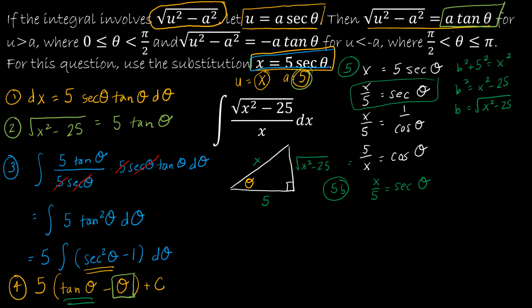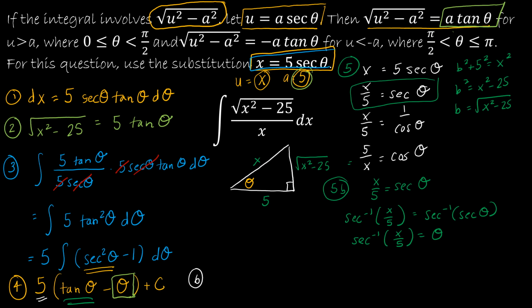Well, I could take arcsecant of each side, and if I take arcsecant of secant theta, guess what I get? That's right, theta. So theta is equal to arcsecant x over 5. So now step 6 is to just plug everything back in.